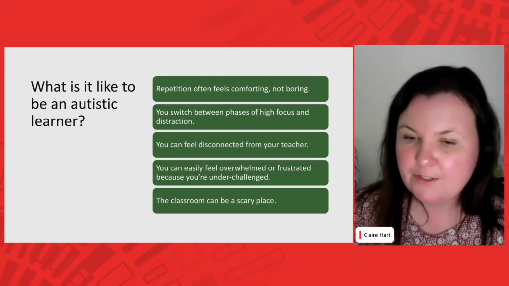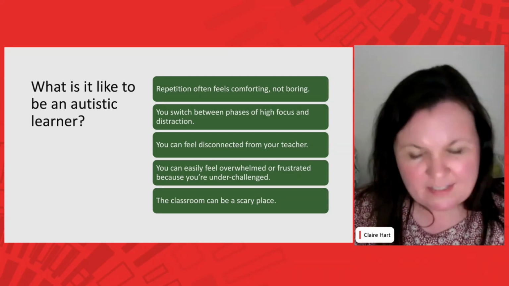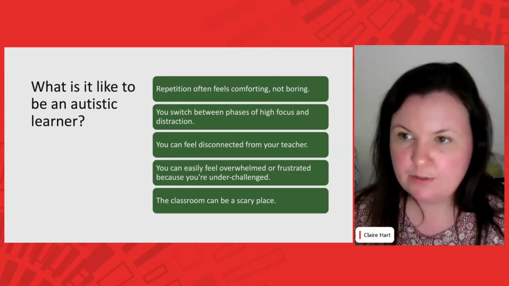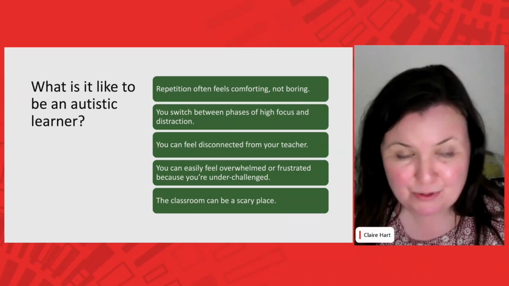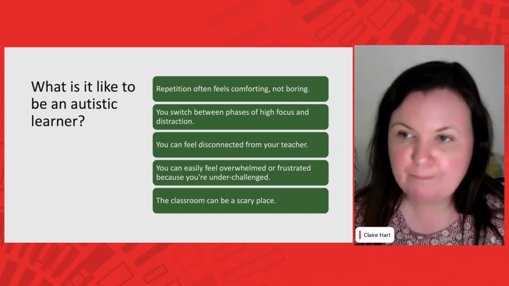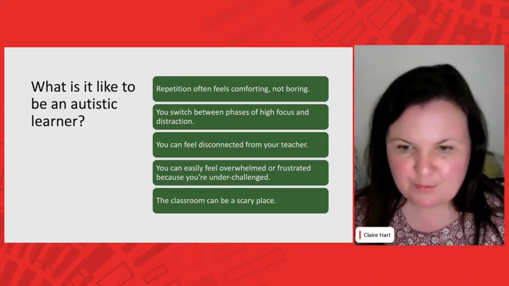I don't know. Should I say something funny, or what is funny? Just the classroom and school generally can be a scary place for autistic students. That's why, unfortunately, we find a lot of autistic young people staying at home, because they don't want to go to school. It's difficult.